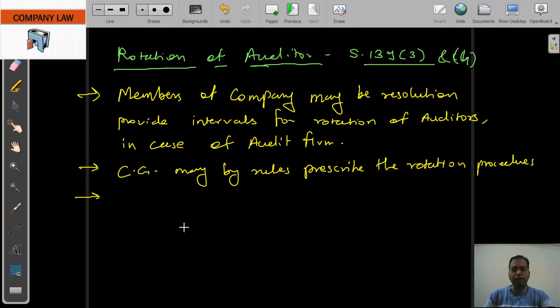The manner of rotation of auditors by the company on expiry of their term is given under the Companies (Audit and Auditors) Rules, 2014. The audit committee shall recommend to the board the name of the individual auditor or audit firm who may replace the incumbent auditor on the expiry of the term. And where the audit committee is not required, the board of directors can do it.